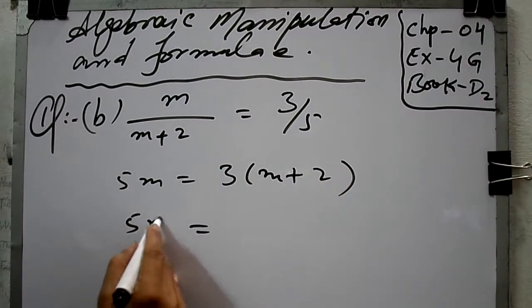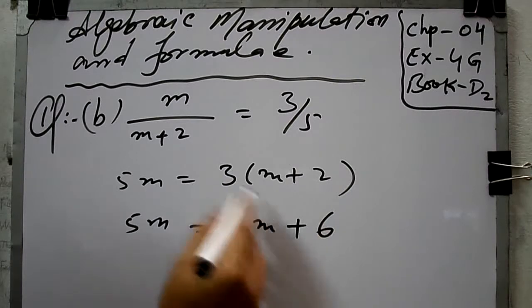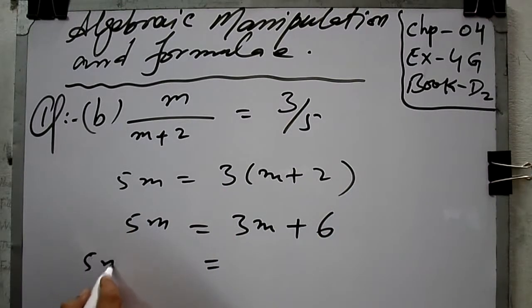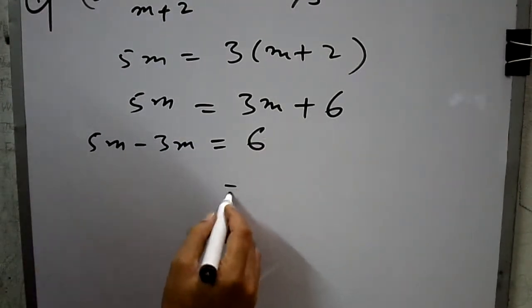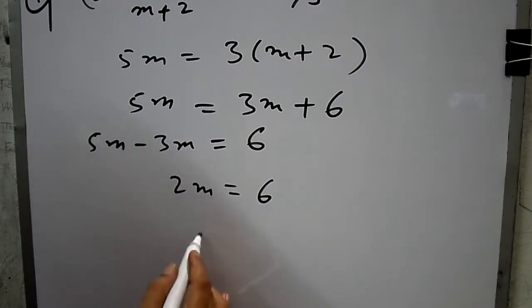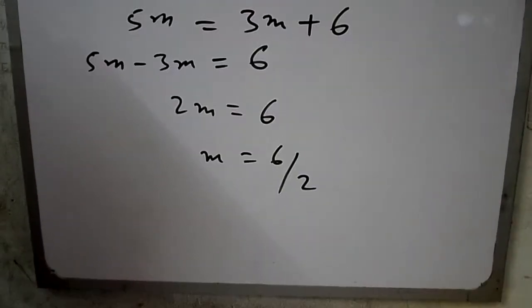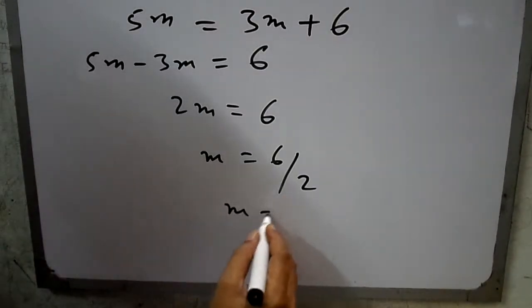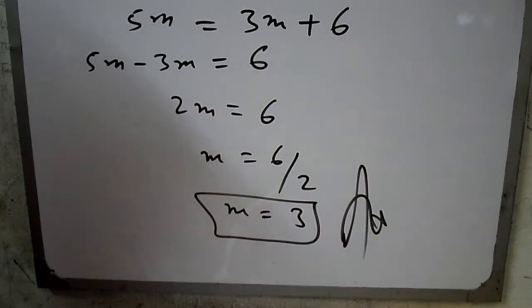So 5m, 3m plus 3 2s are 6, so similar terms will be shifted to one side. So you can see here, 5m minus 3m, 2m, but you need the value of m. You can see here, that is the value of m is 3. So that is your result.